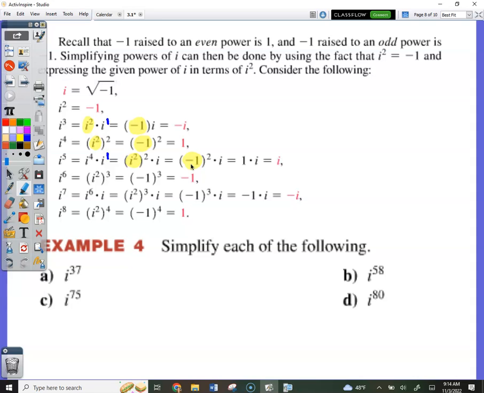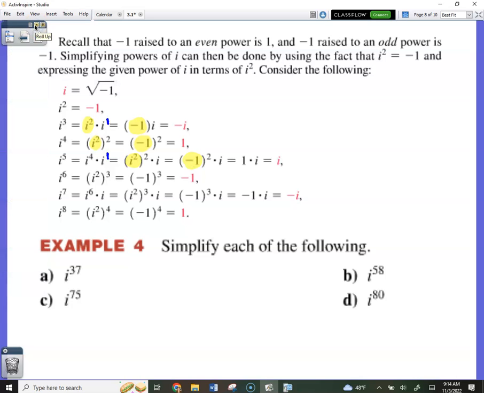It starts back over. There's a pattern. It repeats every four increments that you raise it up. Okay? So let's make some notes. From here to here is a pattern.